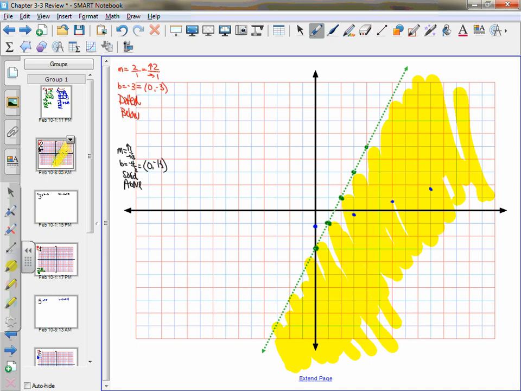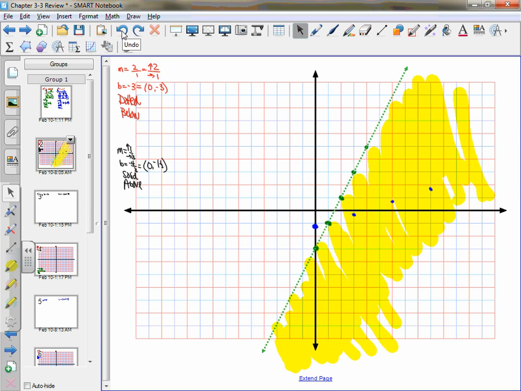Do I connect that with a solid or a dotted line? Negative 1 1/3 is going to be right down here on the axis, right here. You see that? Okay.